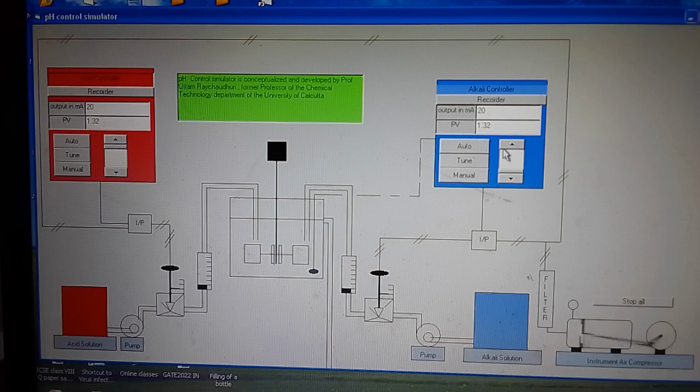and then you add alkali by opening this valve. The valve is fully open around. Say make it just partially open. You try.